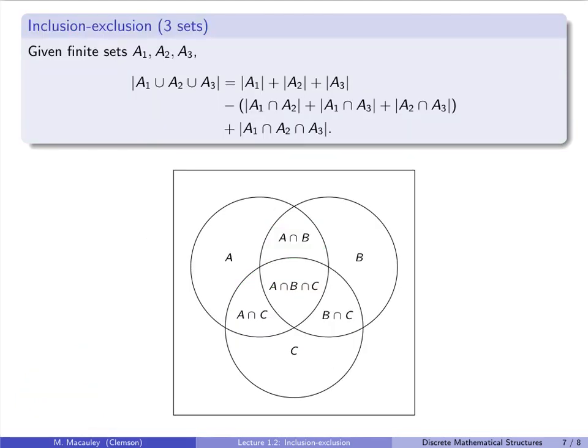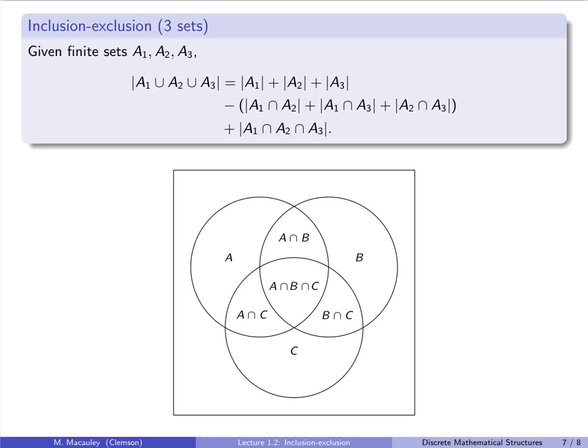Here is the law of inclusion-exclusion for 3 sets, written formally. Given finite sets A1, A2, and A3, the size of their union, you can just add up the sizes individually. Then you have to subtract off the sizes of each pairwise intersection, and you have to add back the size of the intersection of all 3.